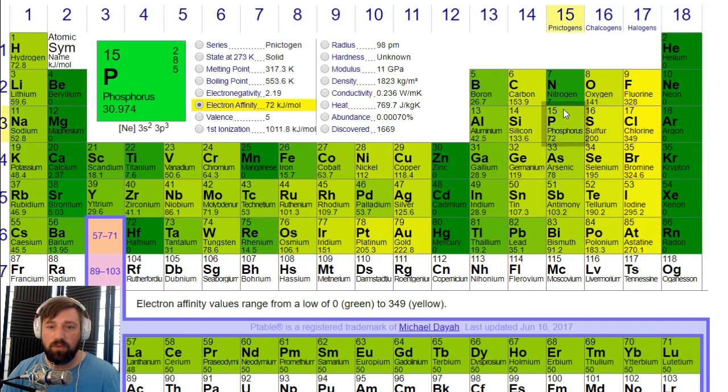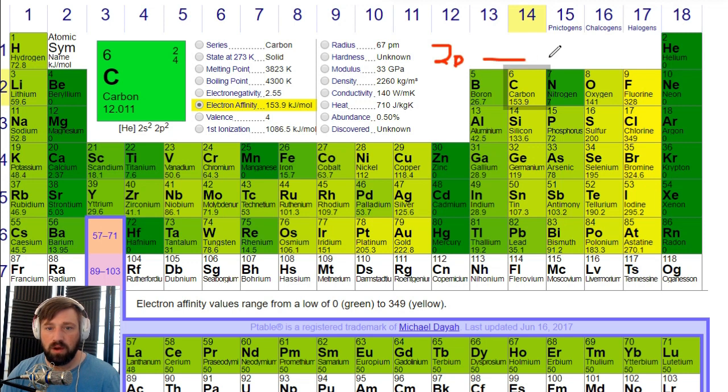And then if you look halfway, nitrogen here is very stable because nitrogen has 2p, and let me draw some orbitals. It has 1, 2, 3. Very, very stable. Carbon.